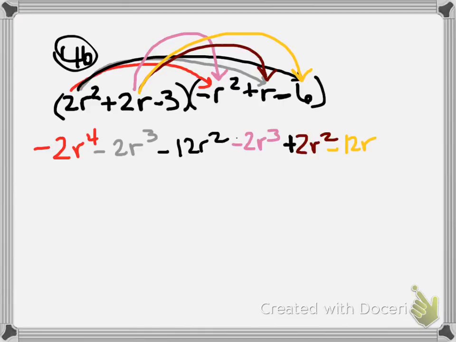We're still not done, because now we have this negative 3 to multiply. So the negative 3 times the negative r squared is a positive 3r squared. And as you can see, I'm running out of room.